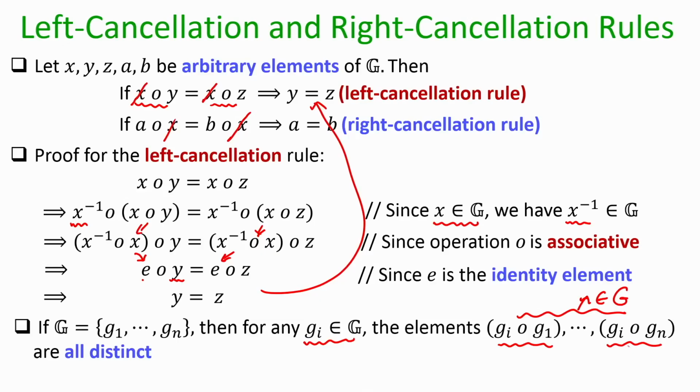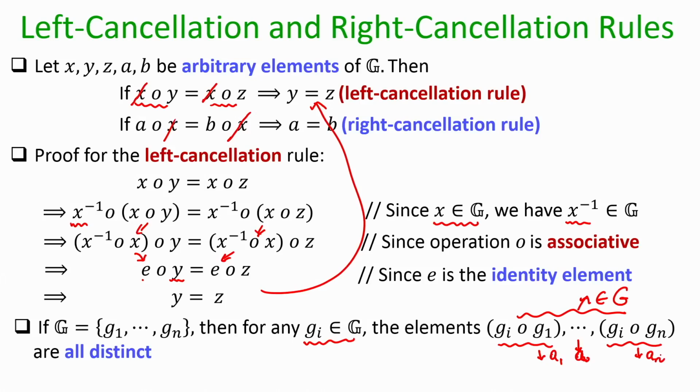Same is the case for g i operation g n, but the question is whether the results that I will obtain will be the same or different. So, I will obtain n elements. Call the first value that I obtain a 1, the second value a 2, and the last result a n.